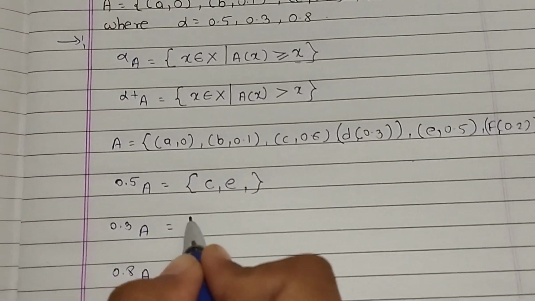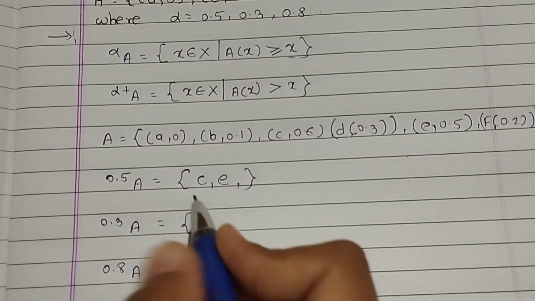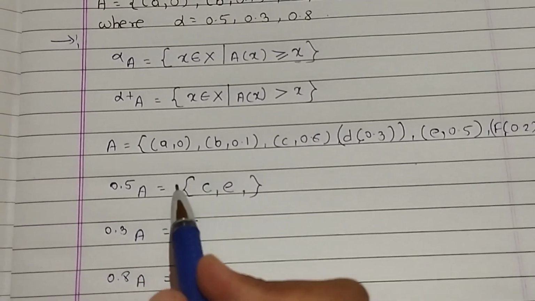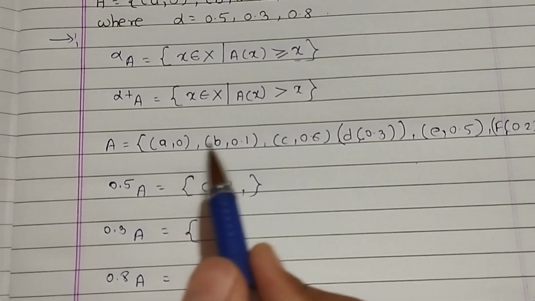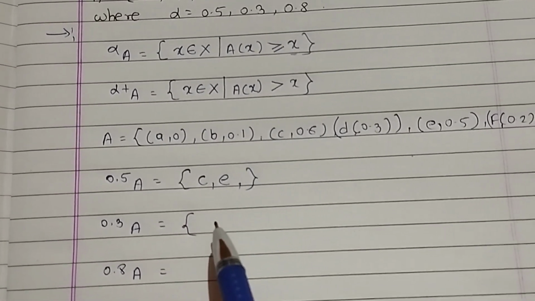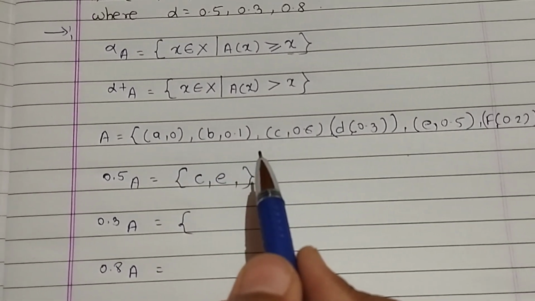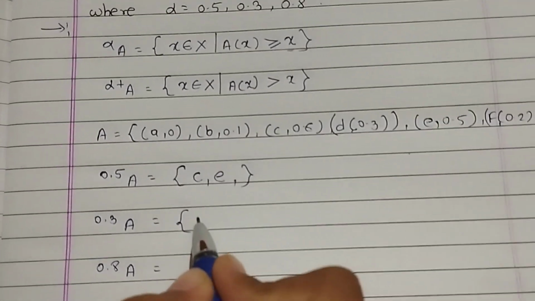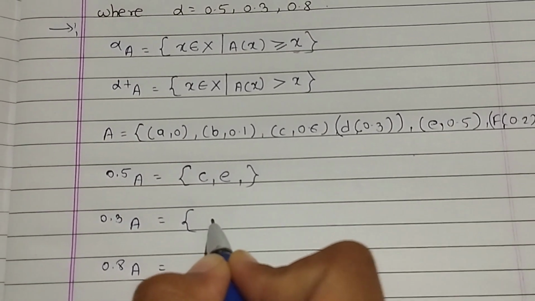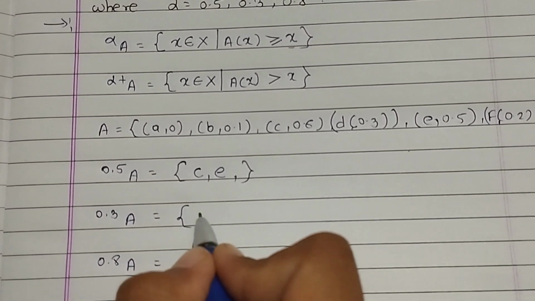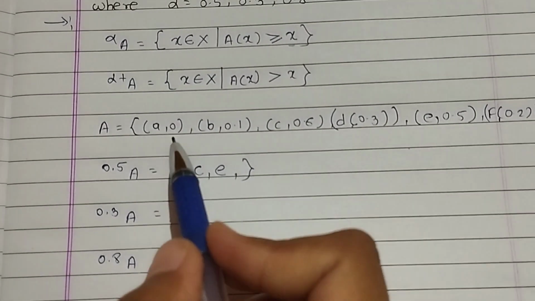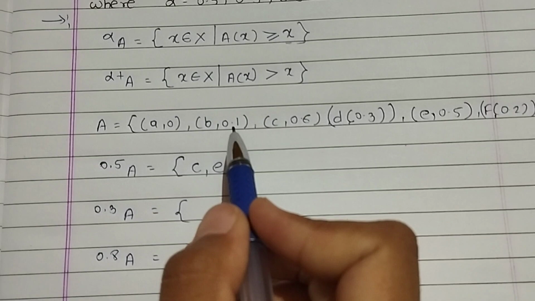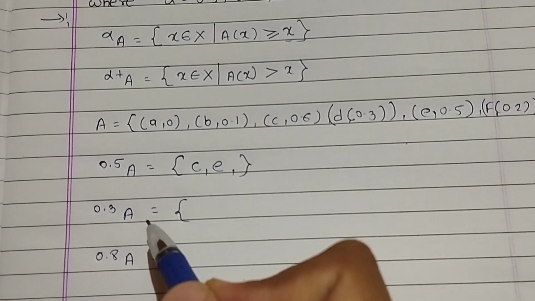Now we move to the next, 0.3. The same procedure we follow. We check whether alpha is greater than or equal to the images. If yes, write the value of x, which is A, B, C, D. Many times it is given as 1, 2, 3, 4. So in this question we have A, B, C, D. Now we check, is 0 greater than or equal to 0.3? No. Next, is 0.1 greater than or equal to 0.3?